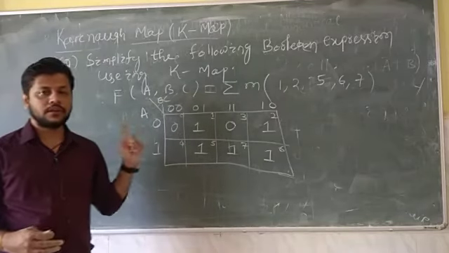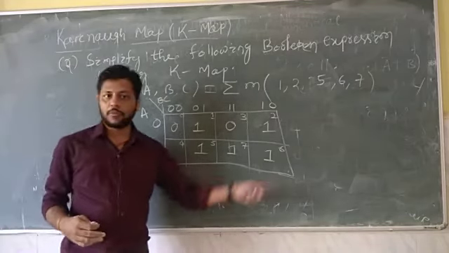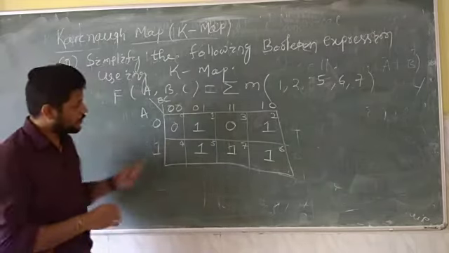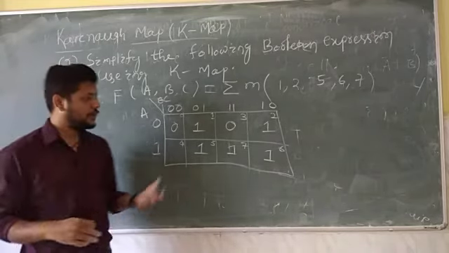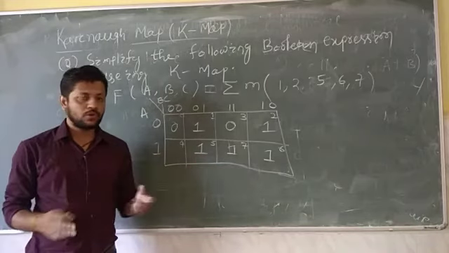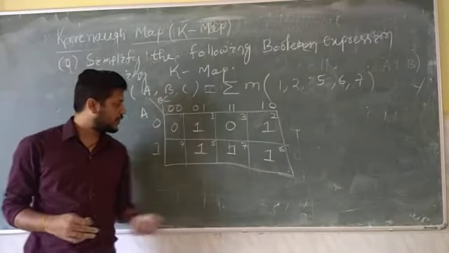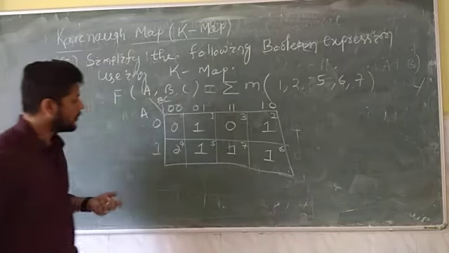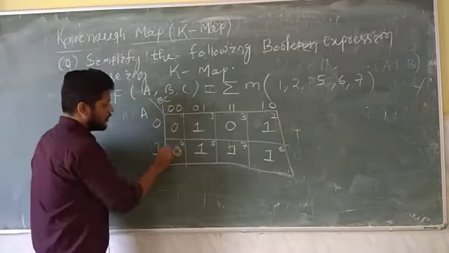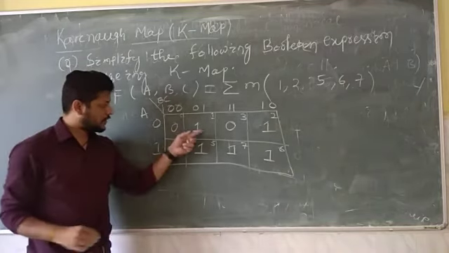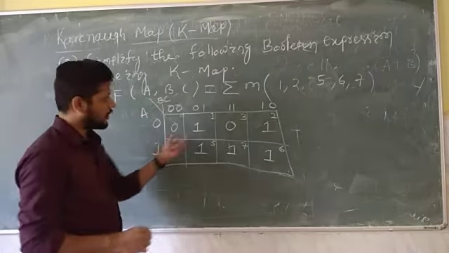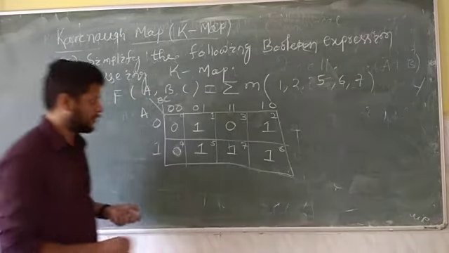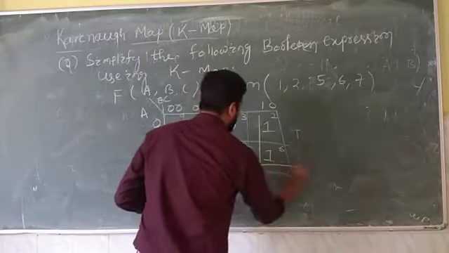Then is a 4 combination possible? No, because if this were 1, 1, 1, 1, then a 4 combination would be possible, but in this case it is not possible. So how to write then?